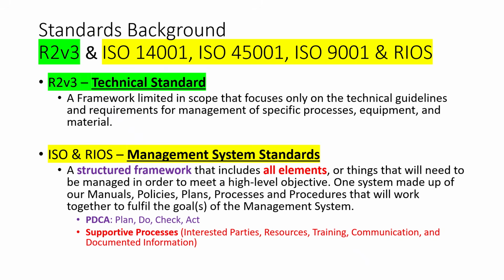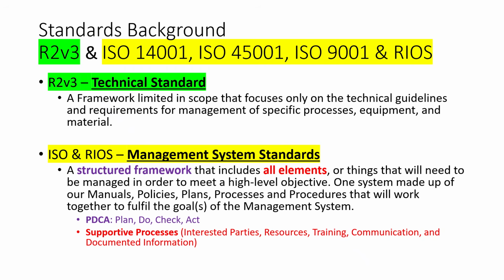R2v3 is a technical standard. What this means is it's going to be a framework limited in scope that focuses only on the technical guidelines and requirements for management of specific processes, equipment, and material.